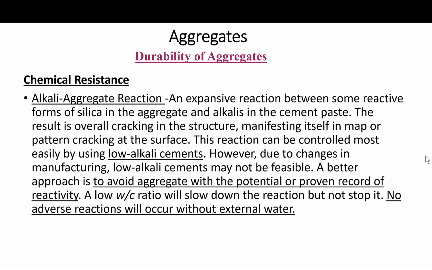This reaction can be controlled most easily by using low alkali cement. But if you remember about the manufacturing of cement and using waste products, due to changes in the manufacturing, low alkali cements may not always be feasible. So a better approach is to avoid aggregate with the potential or proven record of reactivity.